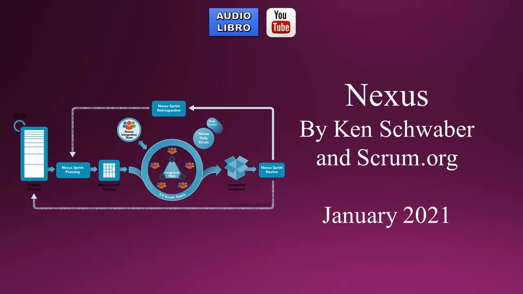Common activities the Nexus Integration Team might perform include coaching, consulting, and highlighting awareness of dependencies and cross-team issues. The Nexus Integration Team consists of the product owner. A Nexus works off a single product backlog, and as described in Scrum, a product backlog has a single product owner who has the final say on its contents.